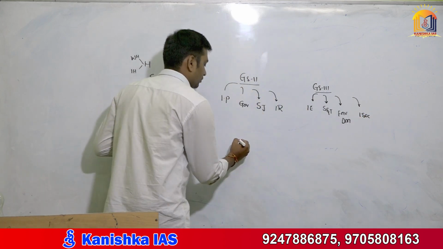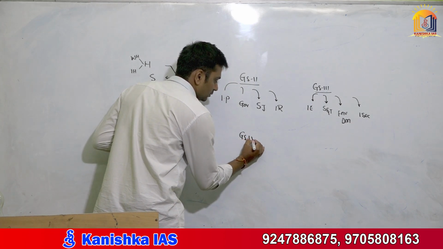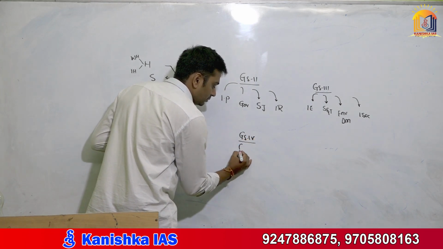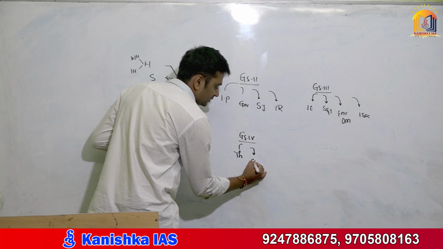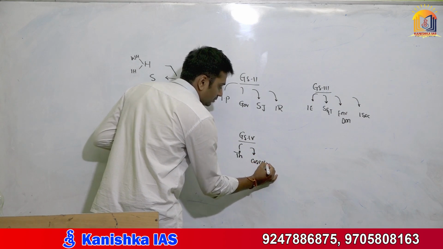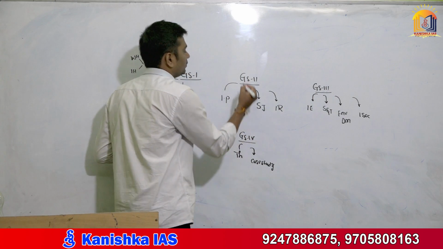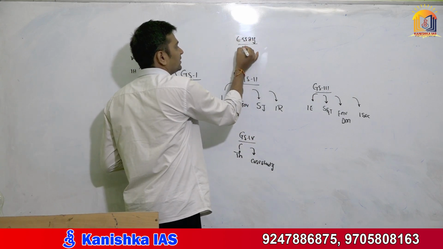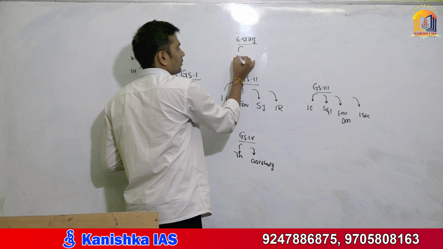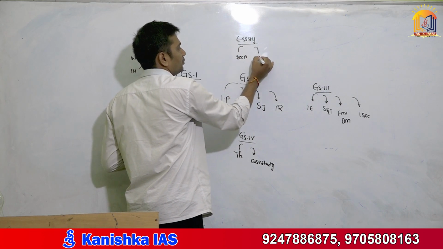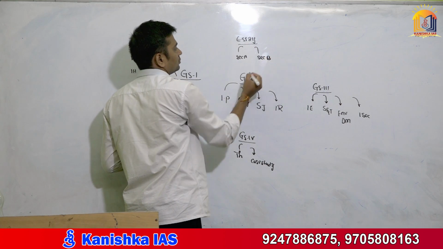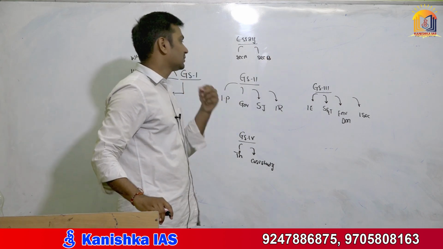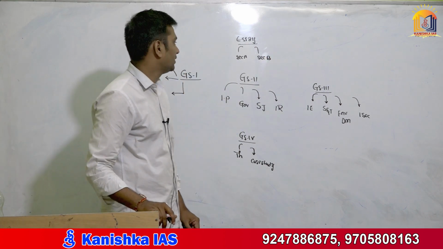And you have GS paper 4, ethics, where there will be theory and case studies. And you have the essay paper, where you will be given 4 essays in each section and you will be asked to choose and write 1 in each.